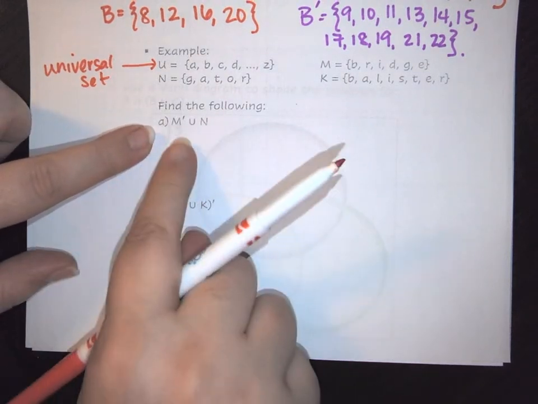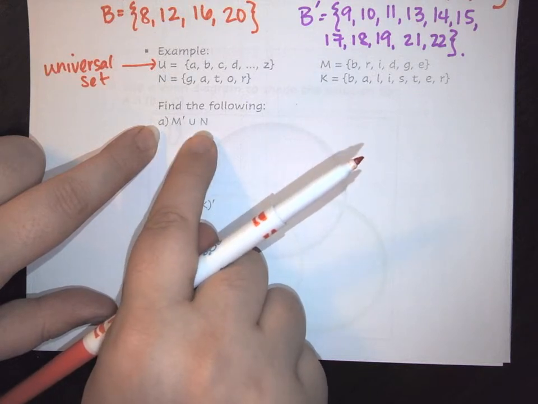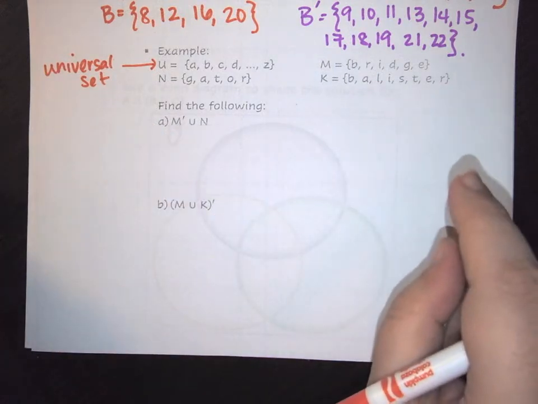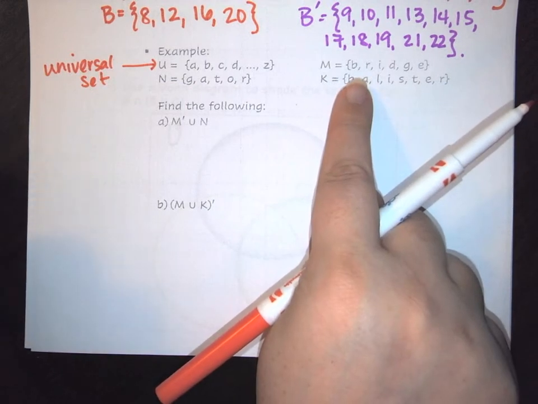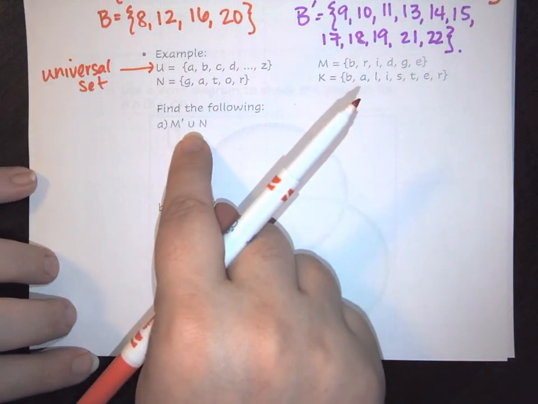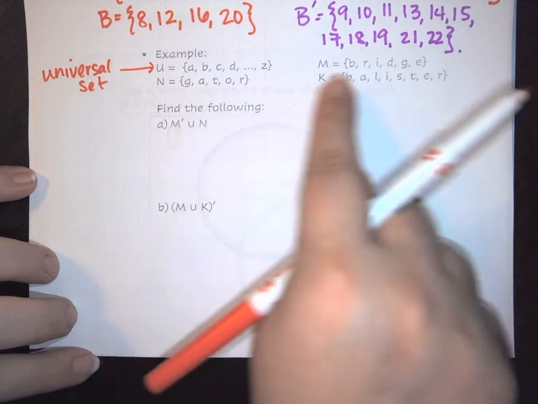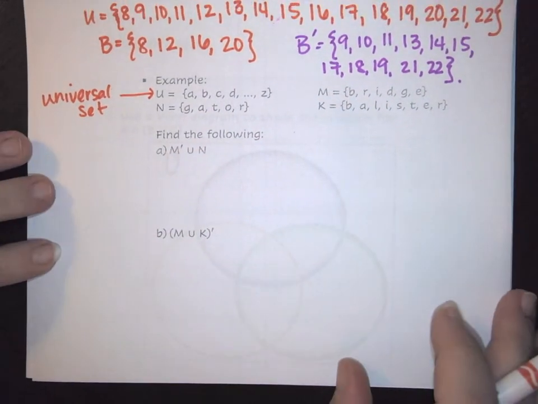So the first thing I want to do is find the complement of M union N. So I have the complement of M, and I'm unioning that to N. So when I'm looking at these two, the first thing that I want to look at is the letters that I have in common here.